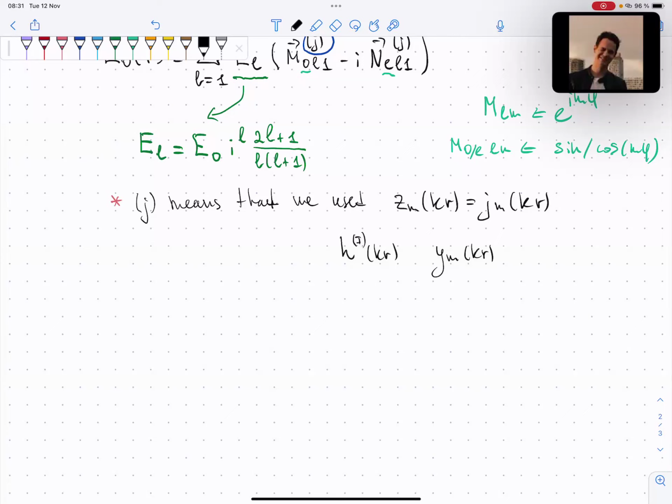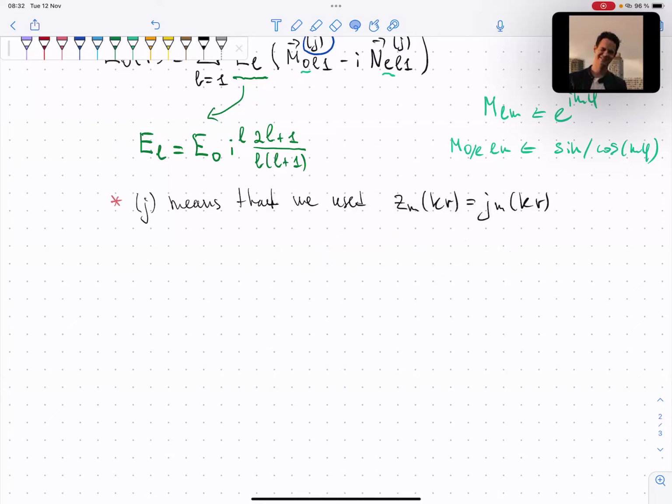Well, yes, of course it is because of its properties, but what property is important? It's the behavior at the origin, because a plane wave is finite everywhere, but the Neumann function and consequently the Hankel functions are infinite at the origin. We need our expansion functions, these M and N functions, to be finite at the origin.